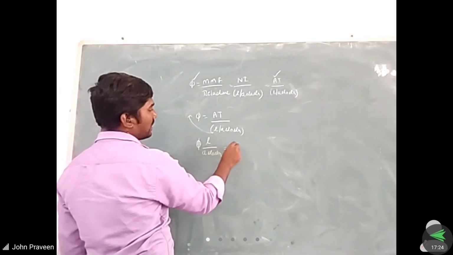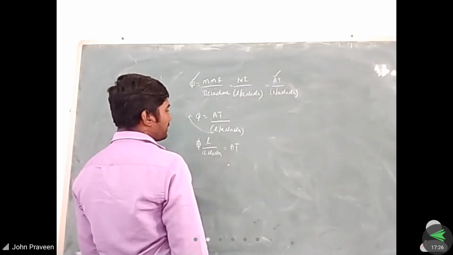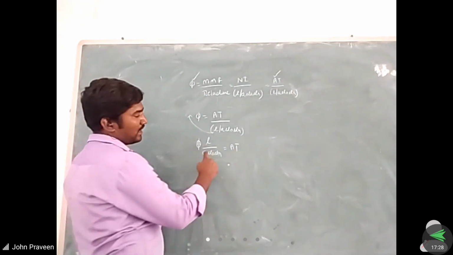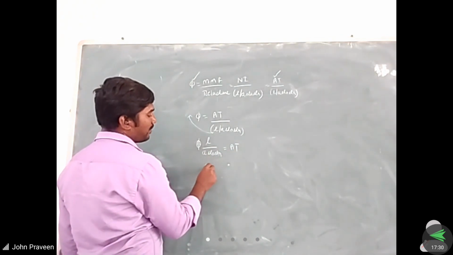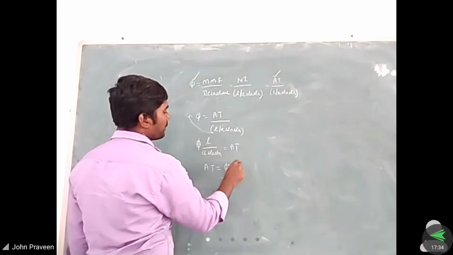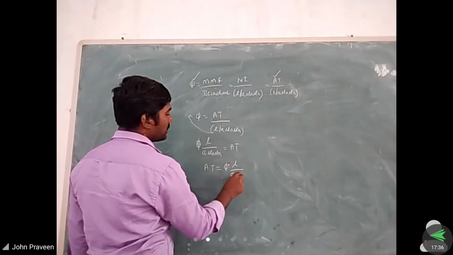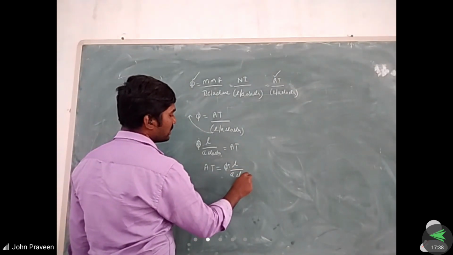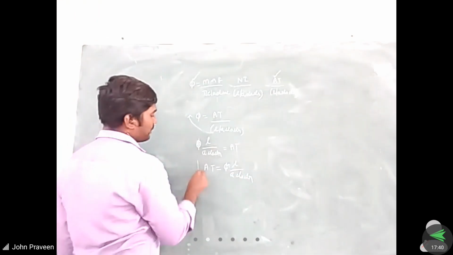So that implies we interchange the positions of LHS and RHS: ampere turn is equal to phi into L by A into mu naught into mu r.